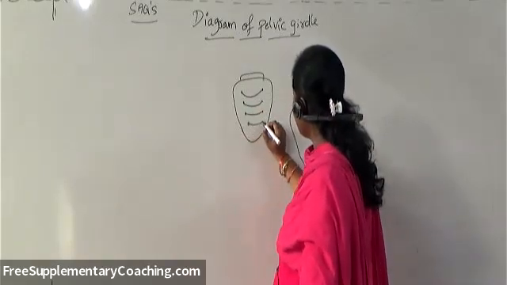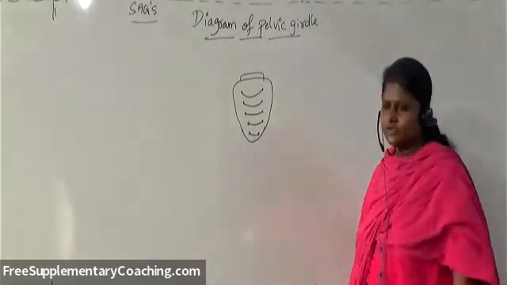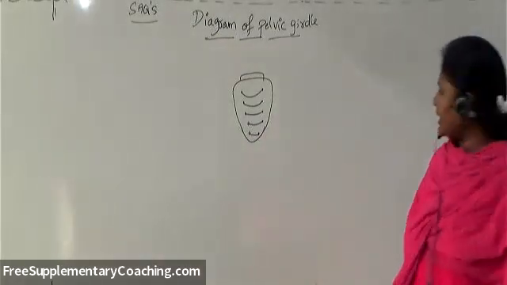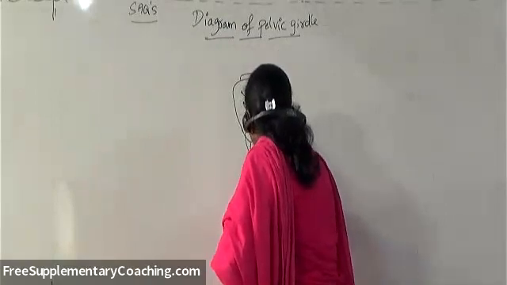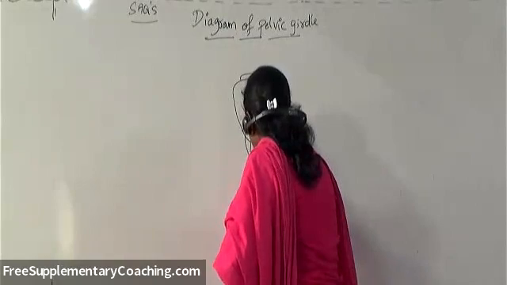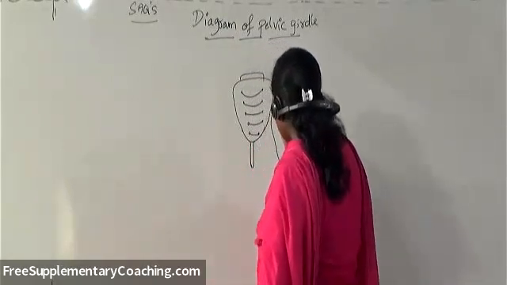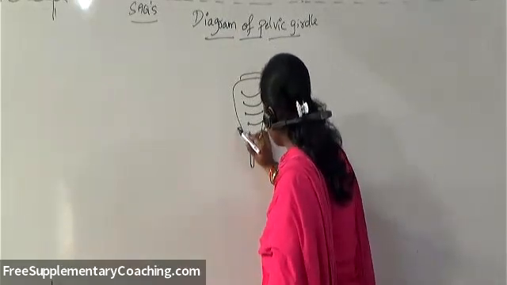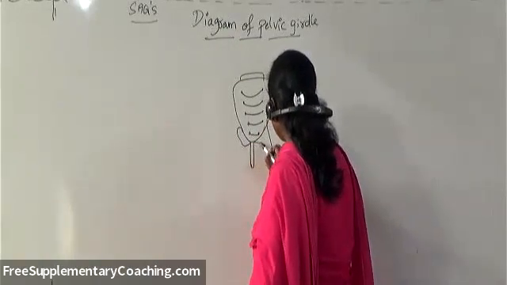Next, show the portion where the 2 coxal bones meet together, that is the pubic symphysis, so that the diagram will become easy.